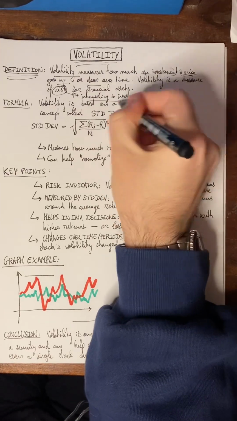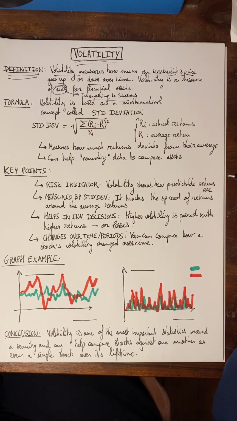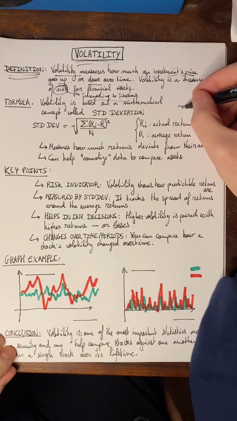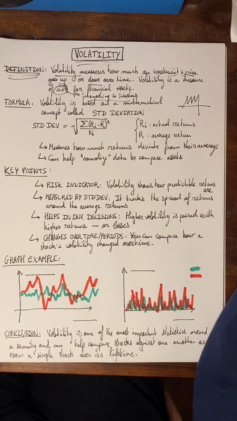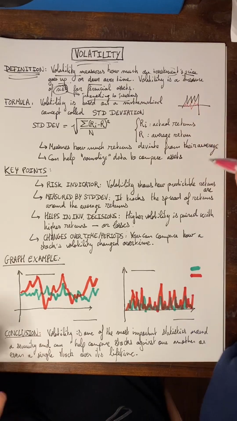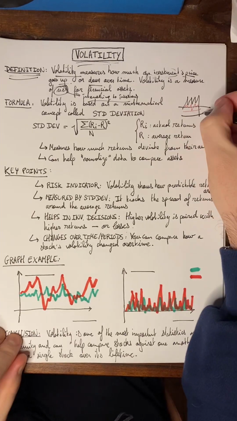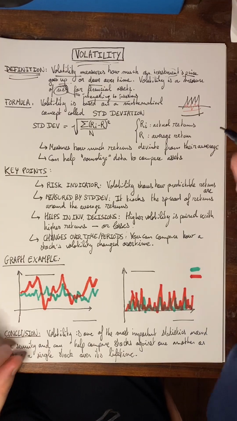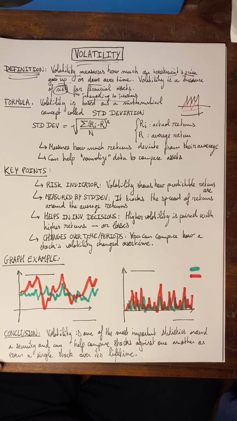Because when you invest in something, you want to know how risky it is, and volatility as a measure of how much a stock goes up or down is a measure of risk. So for example, you can look at this stock in red is less volatile than this stock in black, but we'll look at some graphs further in the video.